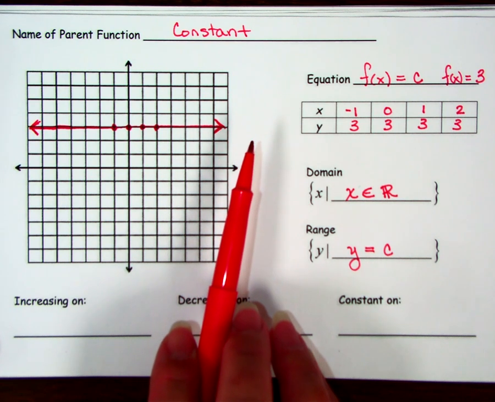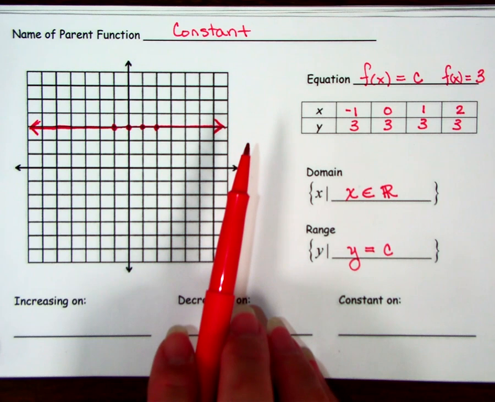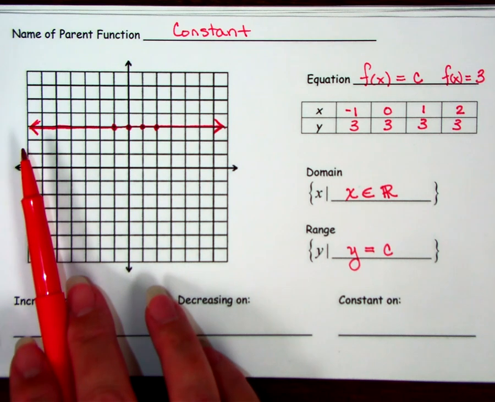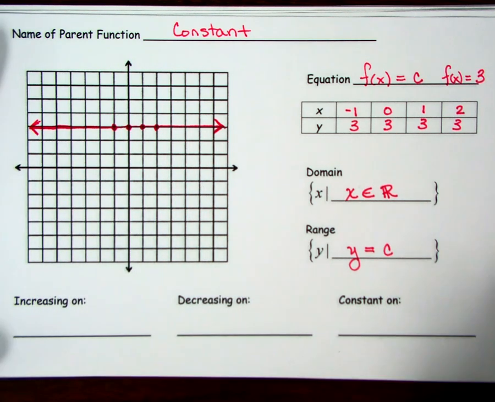Now on this one, as I moved my pen across the screen there, the graph was never going up or down. It was staying the same always. So that means this one is actually constant for the entire domain. So that would be from -infinity to infinity.